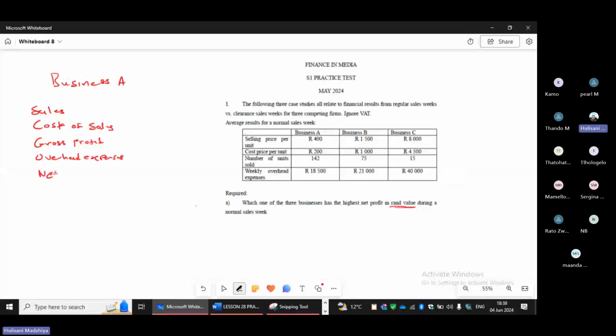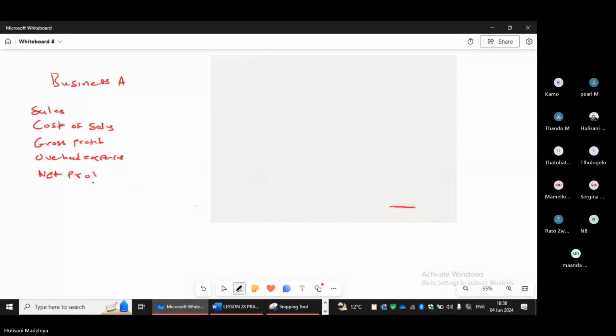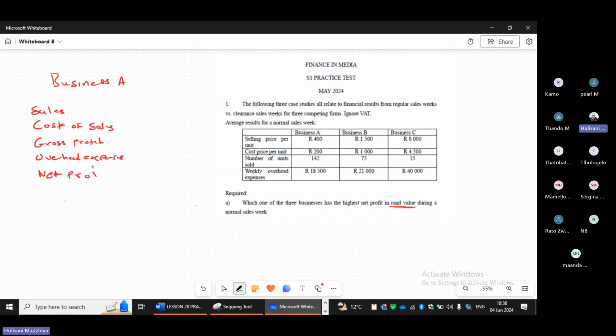So it says ignore VAT. My whiteboard is just a bit refreshing, so I hope it's okay, it's back. So ignore VAT, meaning that we won't have tax at all when we're calculating our net profit, and since we don't have any tax calculation or tax rate, therefore we skip the tax, we skip the interest rate.